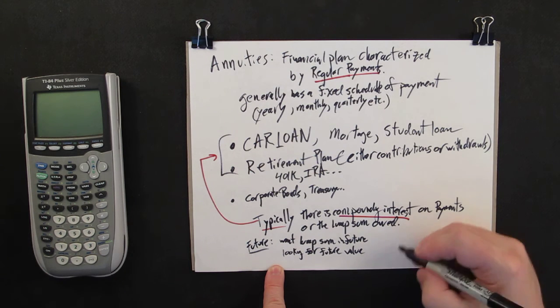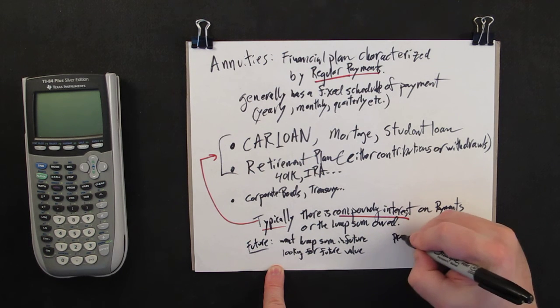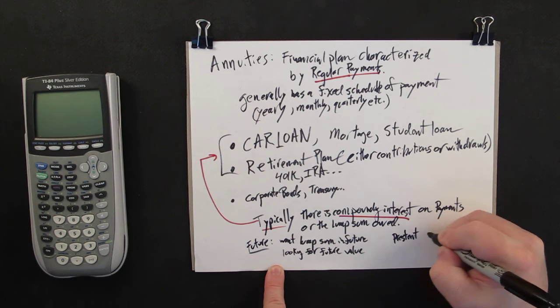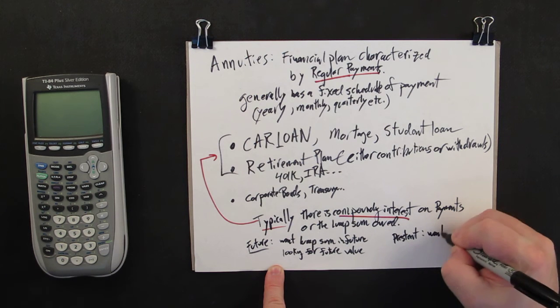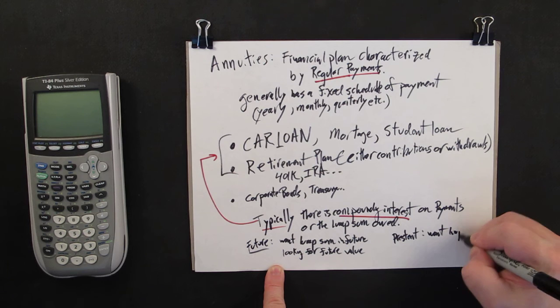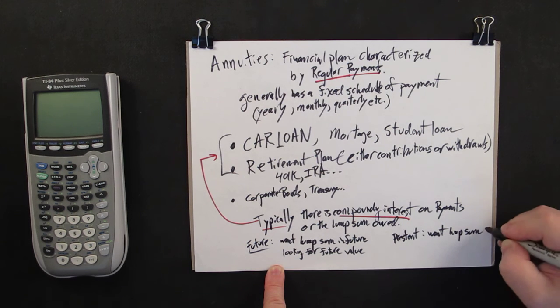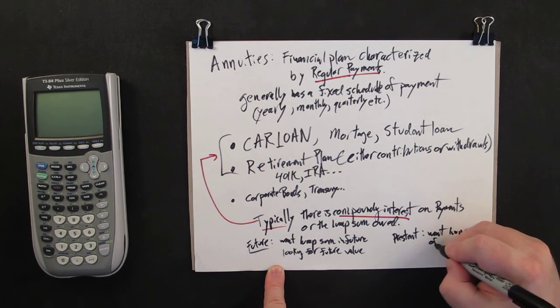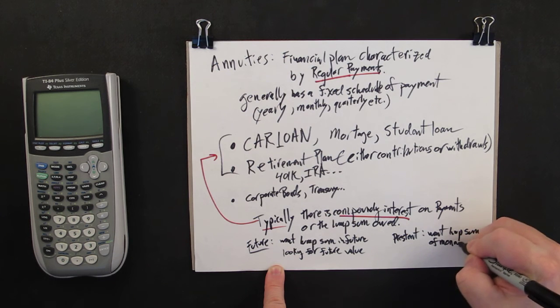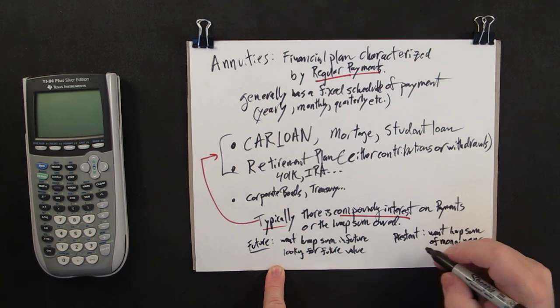And if you want the lump sum now, then that's present value.